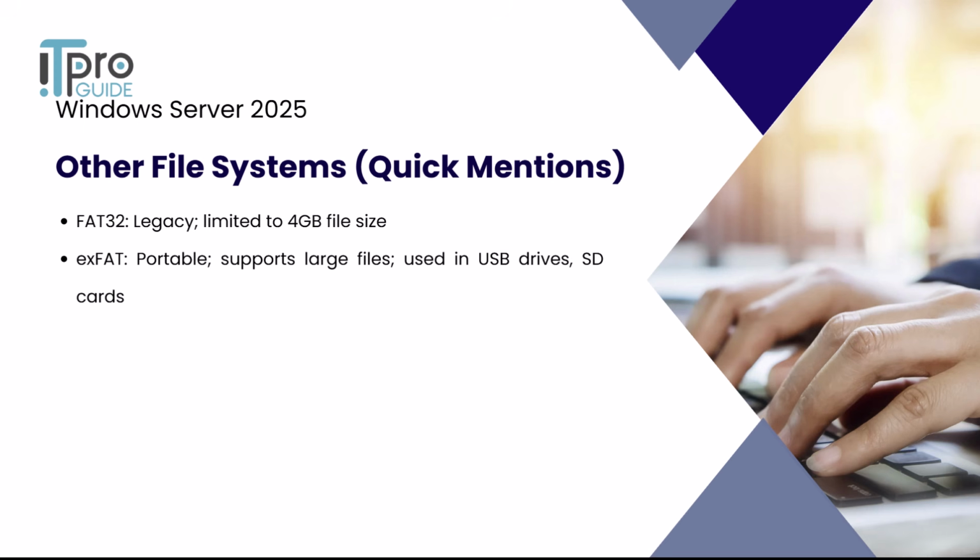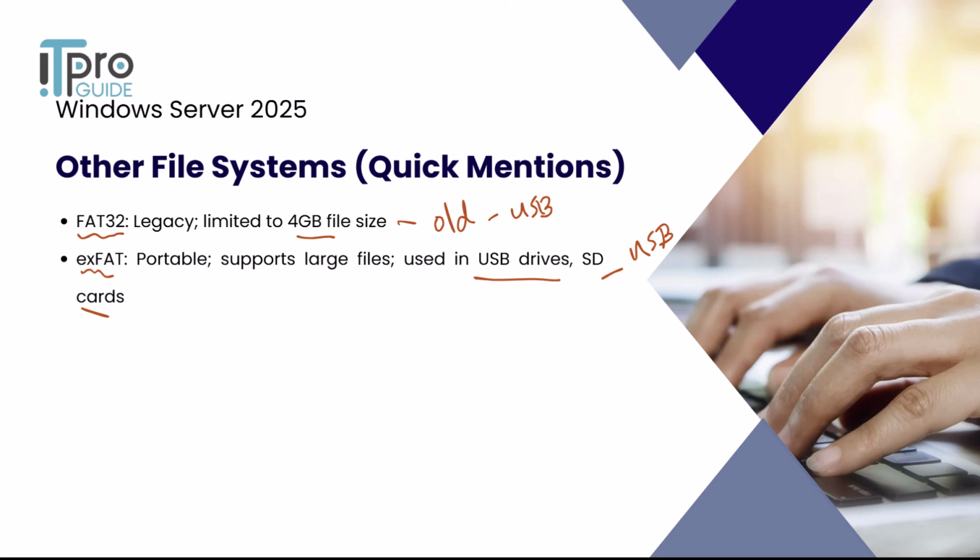FAT32 is an ancient format still used for simple compatibility needs, but it can't handle files larger than 4 GB, making it unsuitable for modern activities. exFAT is better suited for removable media like SD cards or USBs because it supports larger file sizes and has no limitation like FAT32.